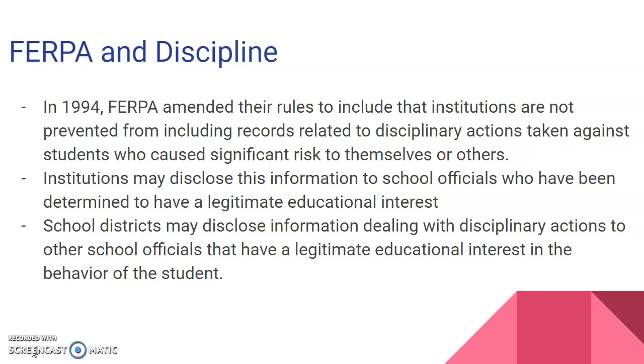They went on to say that institutions may also disclose this information to school officials who have been determined to have a legitimate educational interest, and they may also disclose this information dealing with disciplinary actions to other school officials that have a legitimate educational interest in the behavior of the student.